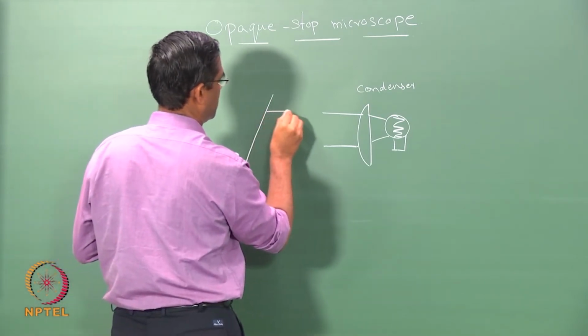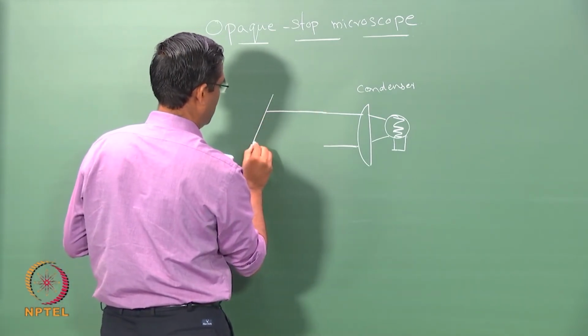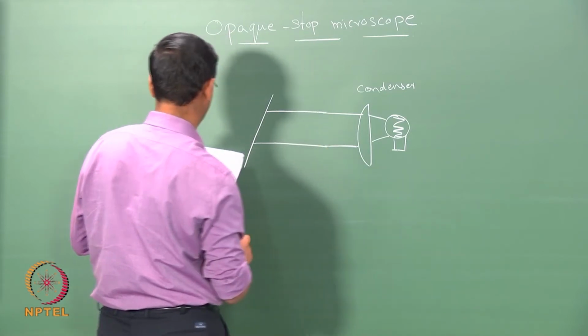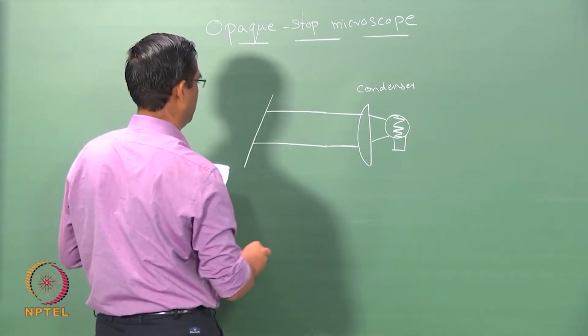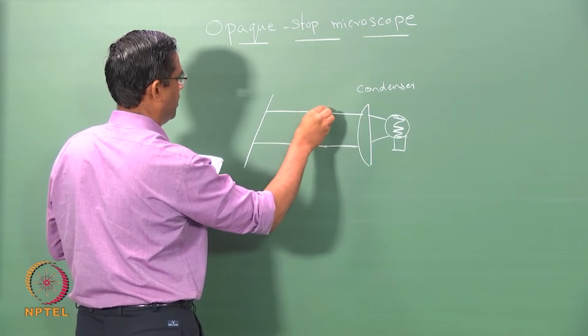Like we have drawn yesterday, there is a glass slip which is inclined at 45 degrees.